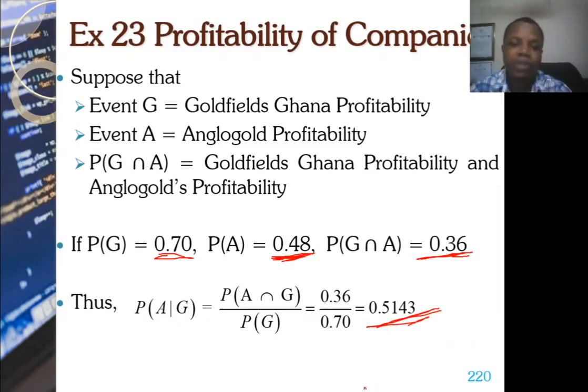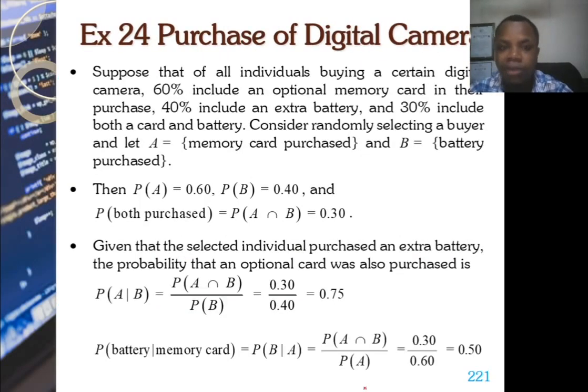So that is how we get to estimate these conditional probabilities. Also, let's look at this interesting one that we have here. Now, suppose that of all individuals buying a certain digital camera, 60% include an optional memory card in their purchase, 40% also include an extra battery, and 30% include both memory card and a battery.